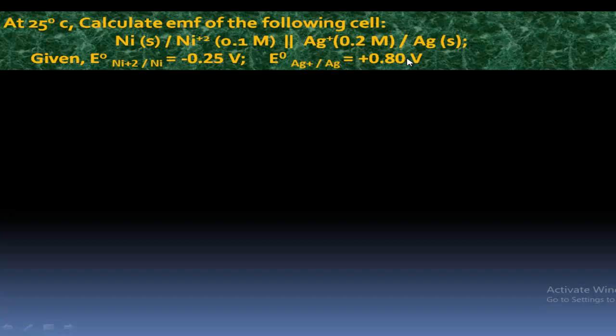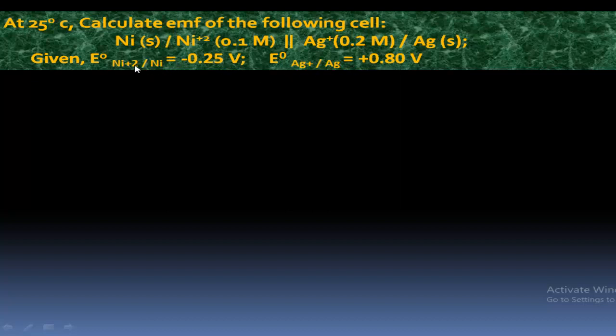So at first you have to understand which one will be anode and which one will be cathode. I have said whose oxidation value is more, it is used as anode. Here follow this, both are reduction values, so the opposite will be the oxidation value. So its oxidation value will be 0.25 and its oxidation value is minus 0.8.